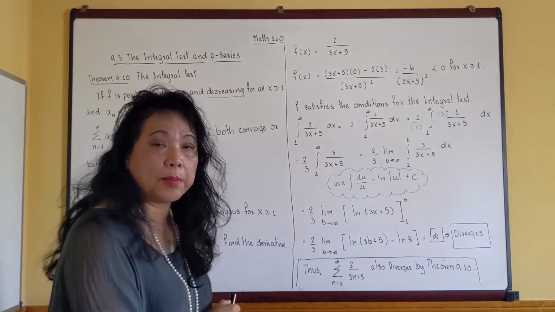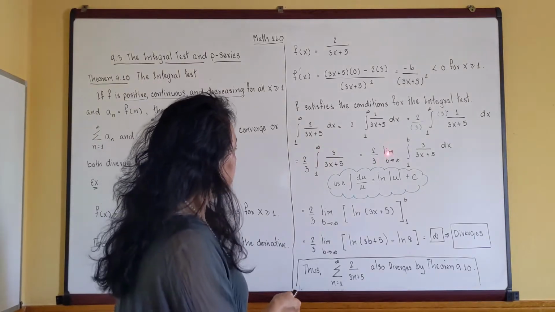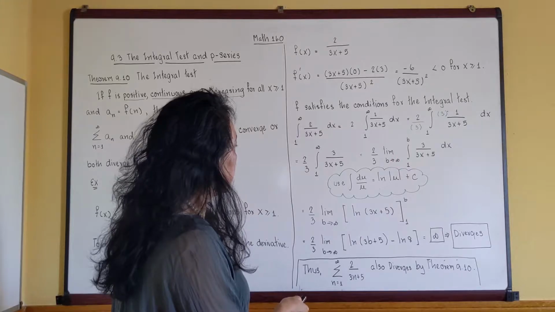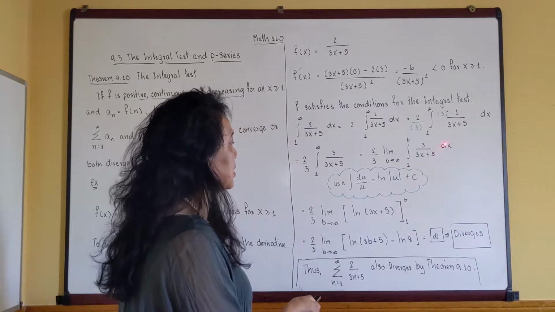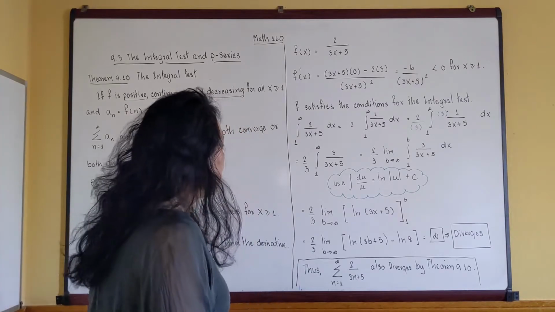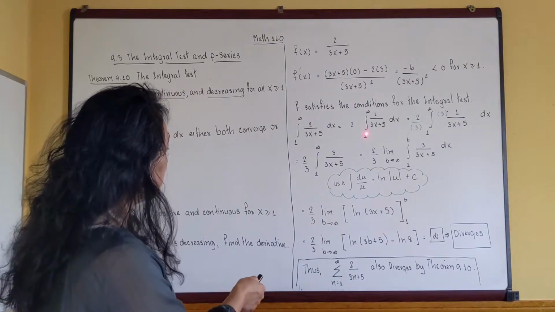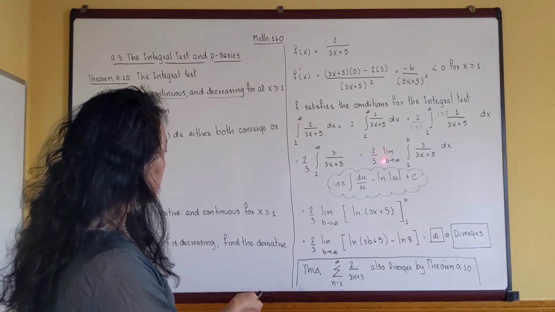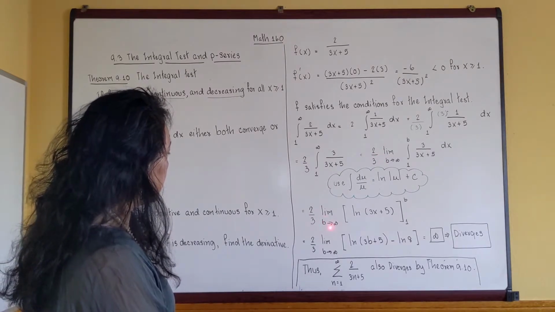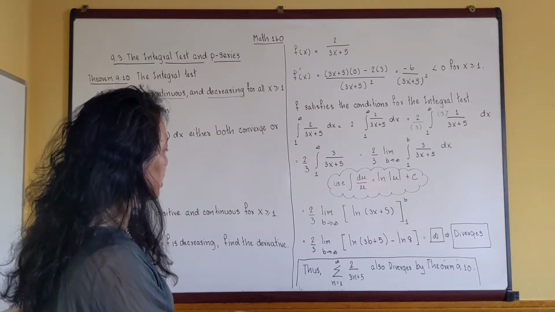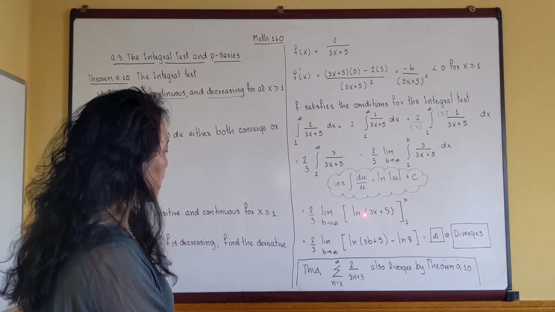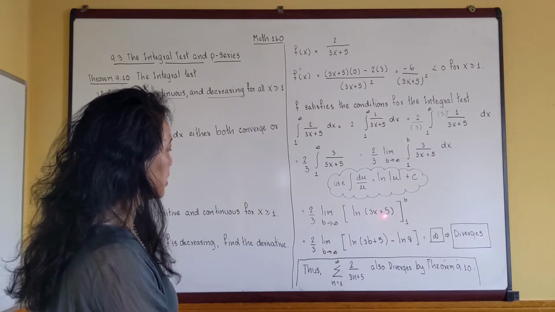Because it's an improper integral, I'm going to take a limit as b goes to infinity of the integral from 1 to b of 3 over 3x plus 5 dx. Next step, 2 over 3, limit as b goes to infinity, and I apply this definition here. I end up with ln of (3x plus 5).